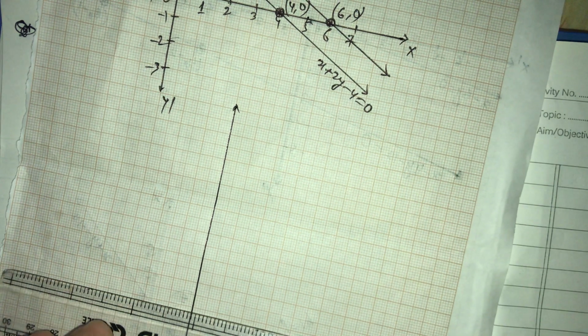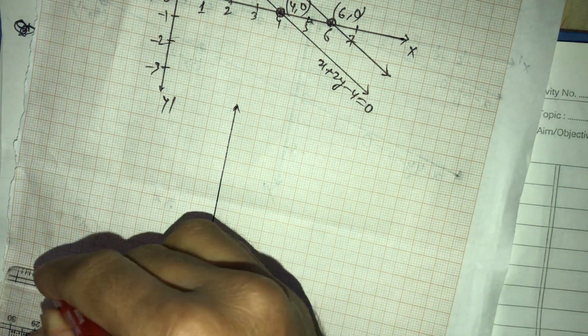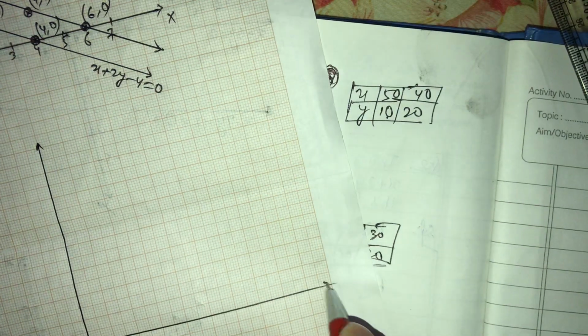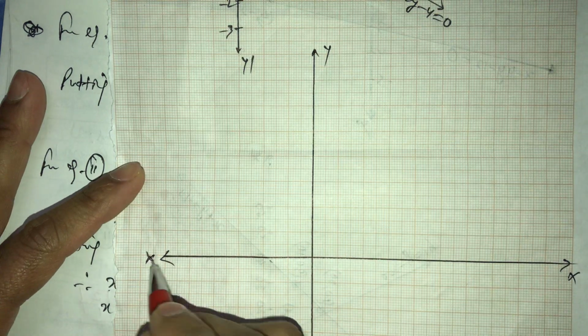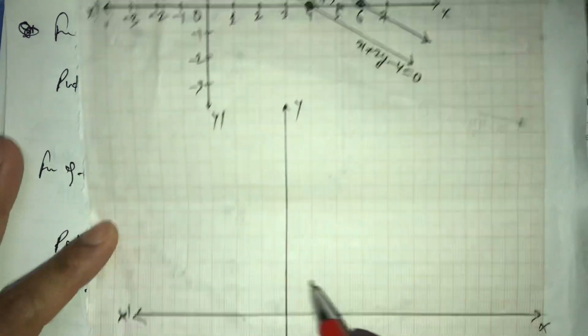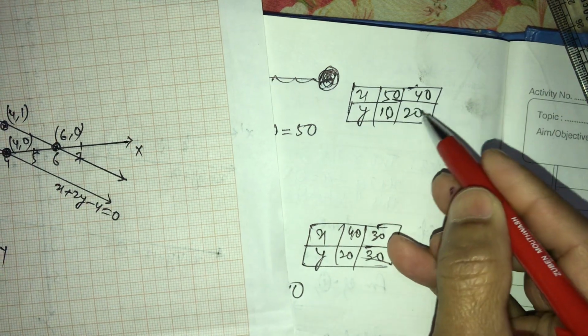We don't have negative values, so we can keep the positive part a little bigger. So this is x dash, x, y, and y dash here, and this is the origin. This is a multiple of 10 here, see 50, 40, 10, 20.